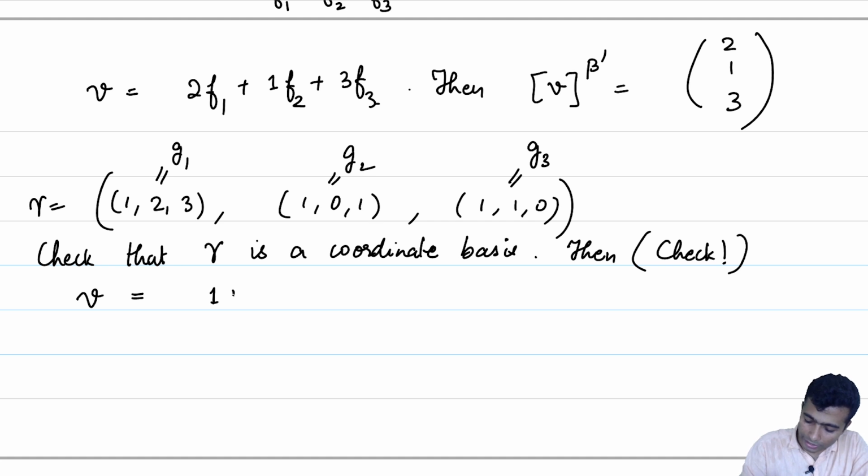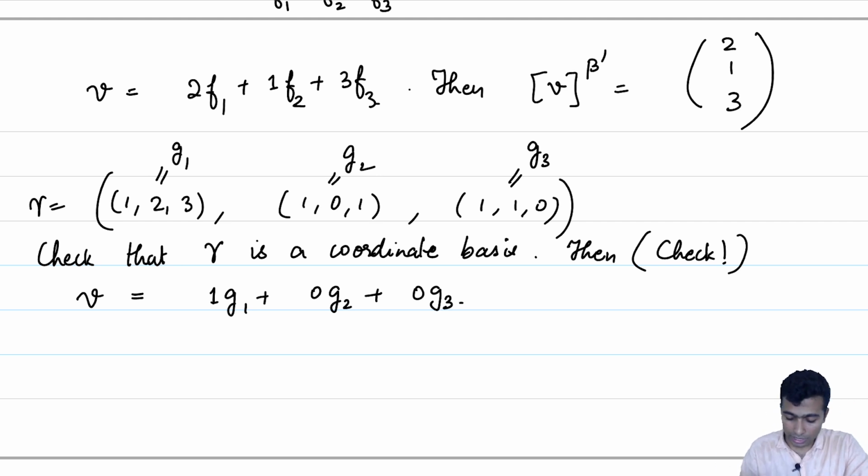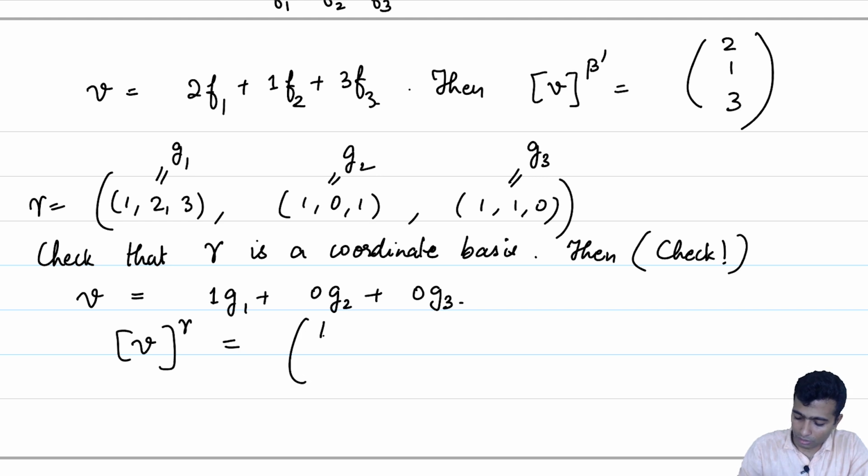This is going to be 1 times G1 plus 0 times G2 plus 0 times G3, and therefore the vector V in terms of this gamma, the coordinate vector of V relative to the coordinate basis gamma will be nothing but 1 0 0.